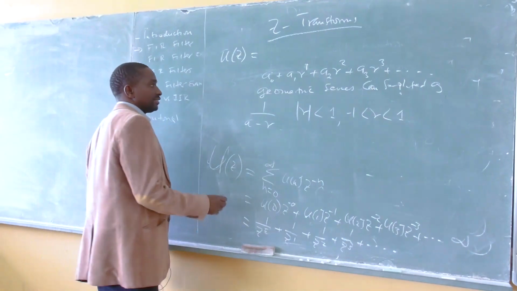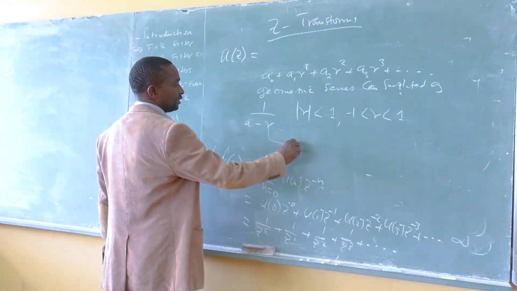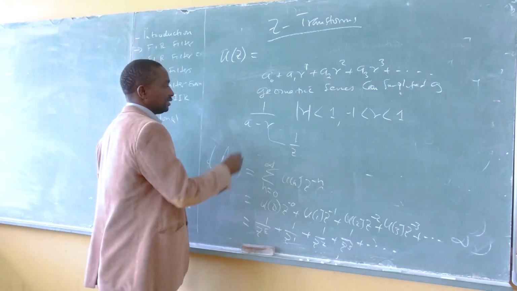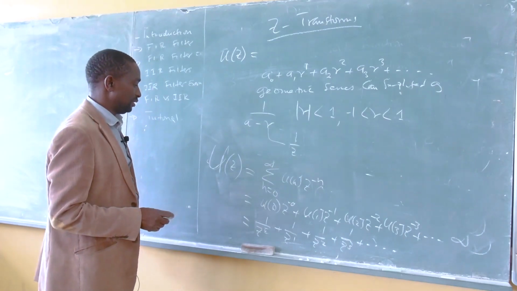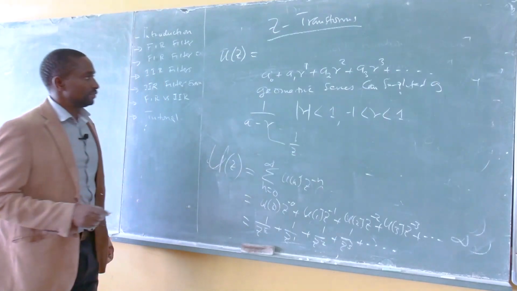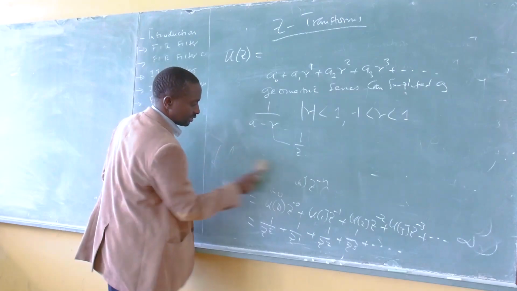So in this case, when it comes to Z transform, this becomes the 1 over Z part. Then this part will simply be the unit function. Therefore, we can simplify this series as follows.